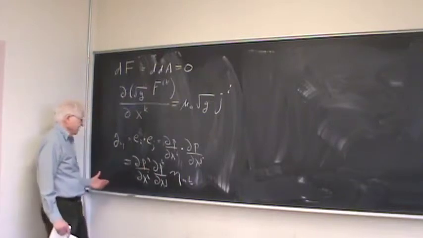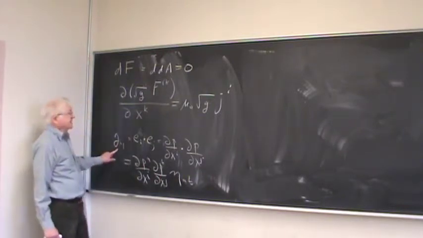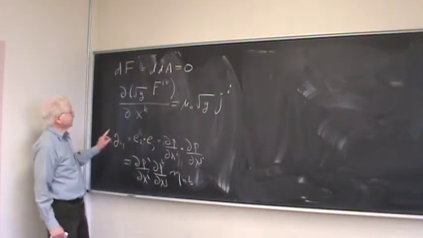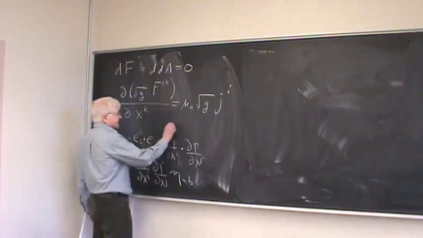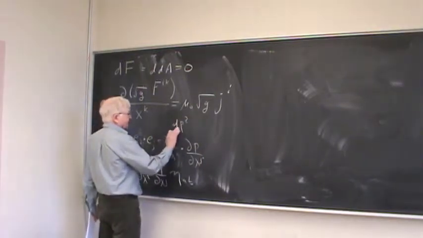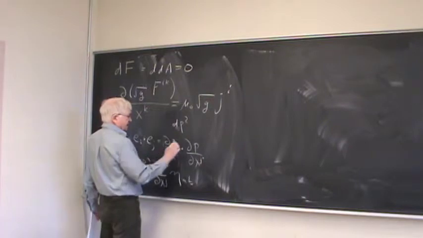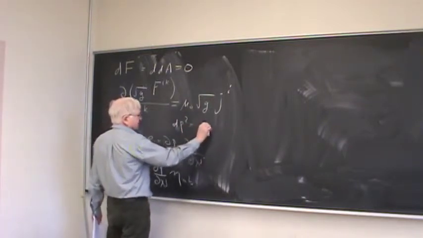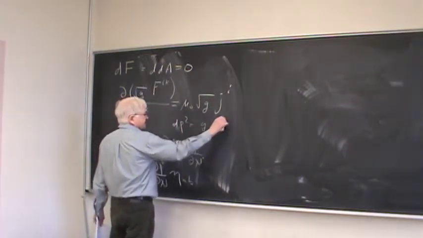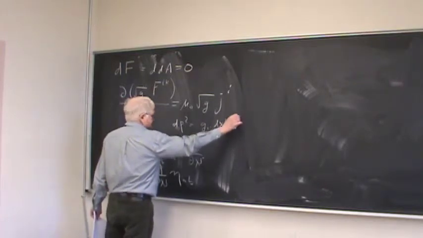And then we get something that's a second-rank tensor, but we get that dp squared is invariant, and that then is g_ij dx^i dx^j.